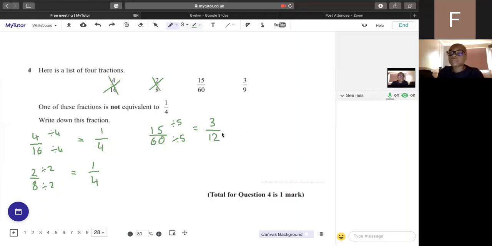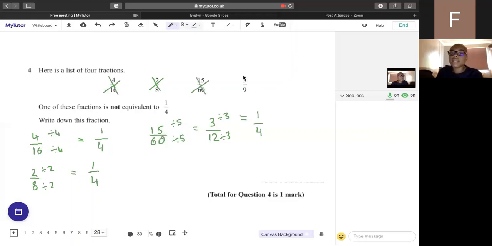We're not done yet. This isn't in its simplest form, because 3 and 12 are both multiples of 3 as well. So we can divide both the numerator and the denominator by 3. 3 divided by 3 is 1, and 12 divided by 3 is 4. So we get a quarter again.